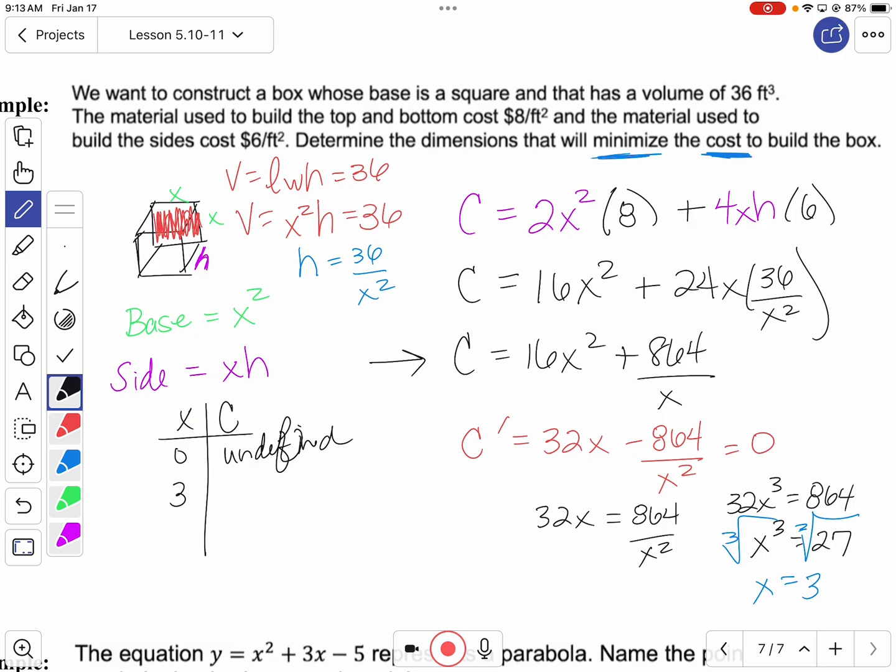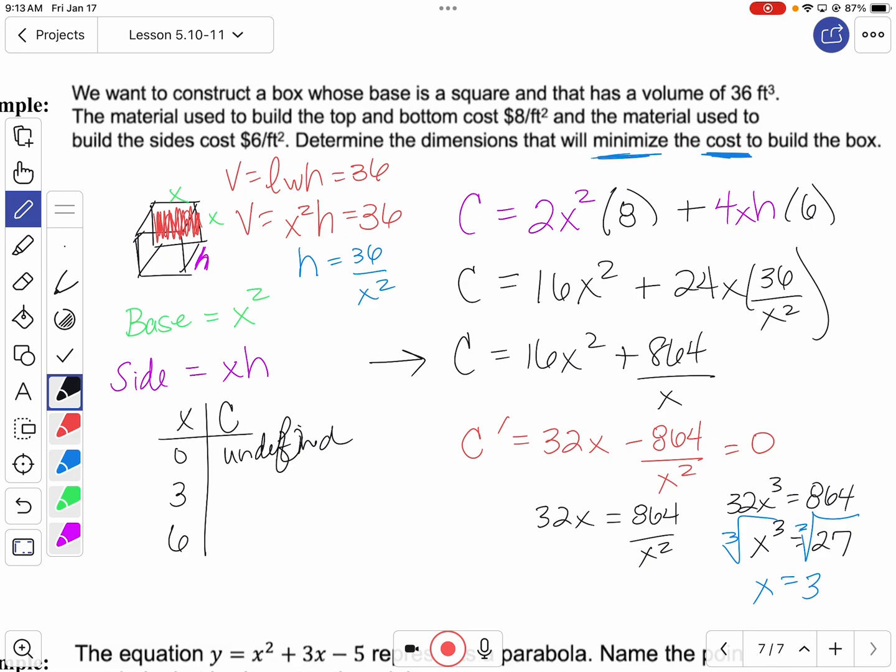This has to be 6, right? Because if x is 6, what would the height be? 6 times 6 would be 36, so h would be 1. So it has to be 6. That one's tricky.